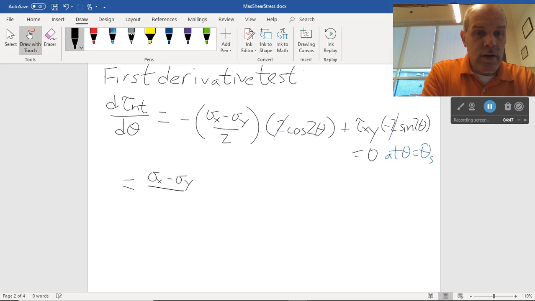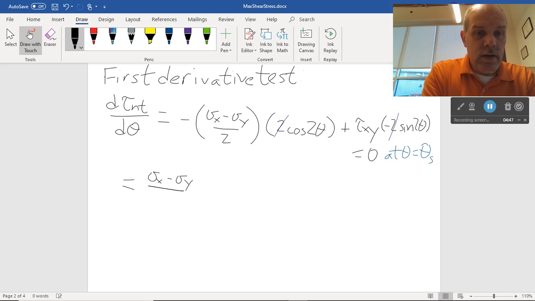Actually, let me get rid of this equal sign here. This actually doesn't make any sense to me. It makes more sense if I just write it as sigma x minus sigma y over 2 times cosine 2 theta s plus tau xy sine 2 theta s is equal to 0.